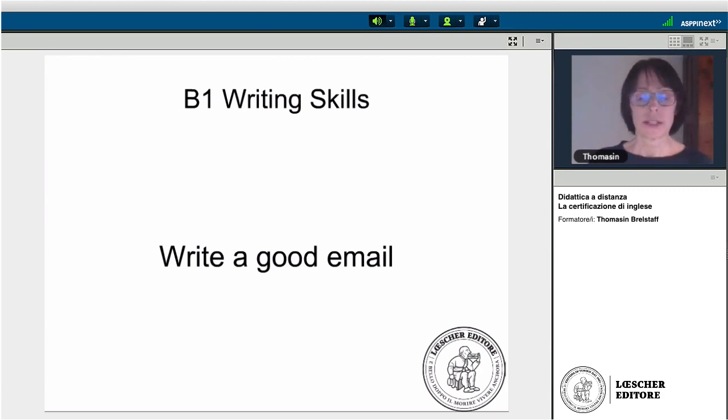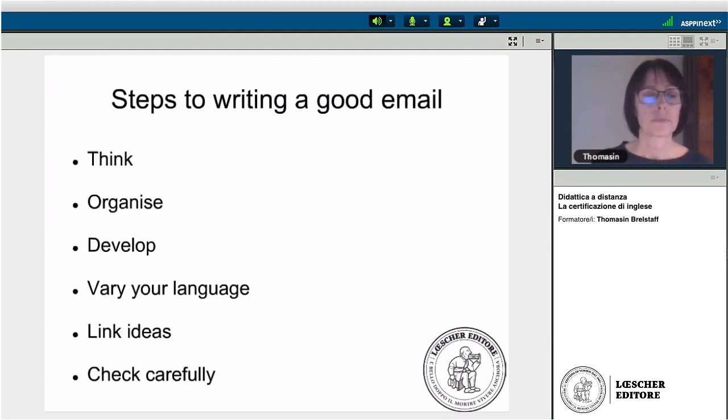So I'd like to start off by suggesting 6 steps to writing a good email. Here we are. 6 steps to writing a good email. The first one is think.